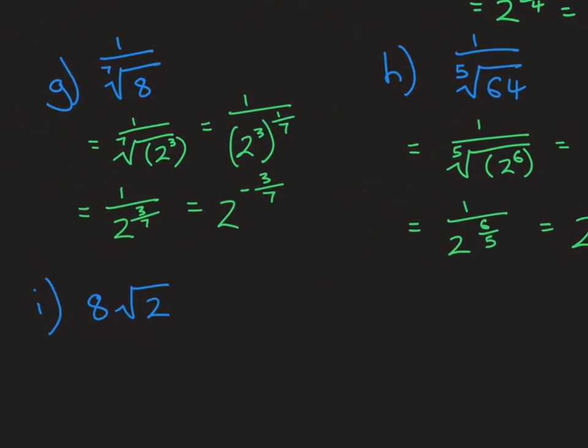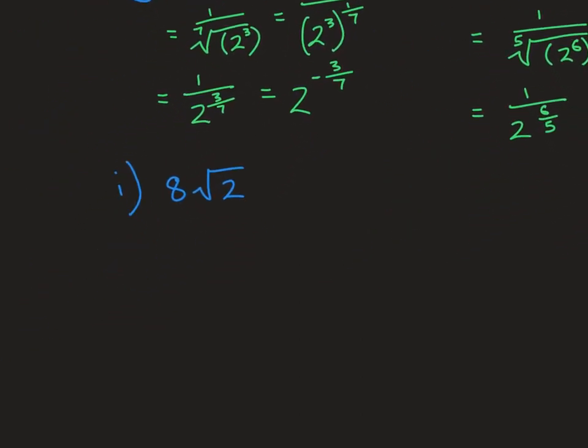All right, so I've got one more here that I've gone through with you. This time we've got the third, and then we've got the number out the front as well. So we want to try and combine these two. Okay, so let's first write our 8 with a base number of 2, and we know we've done it a few times now that 8 is going to be equal to 2 to the power of 3.